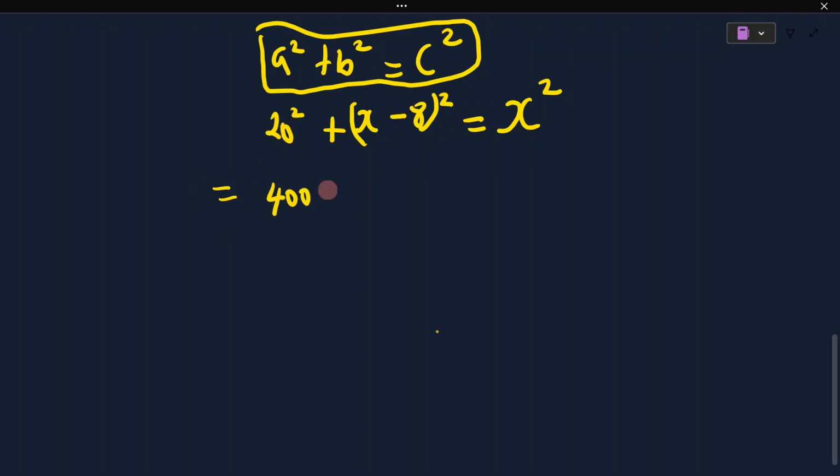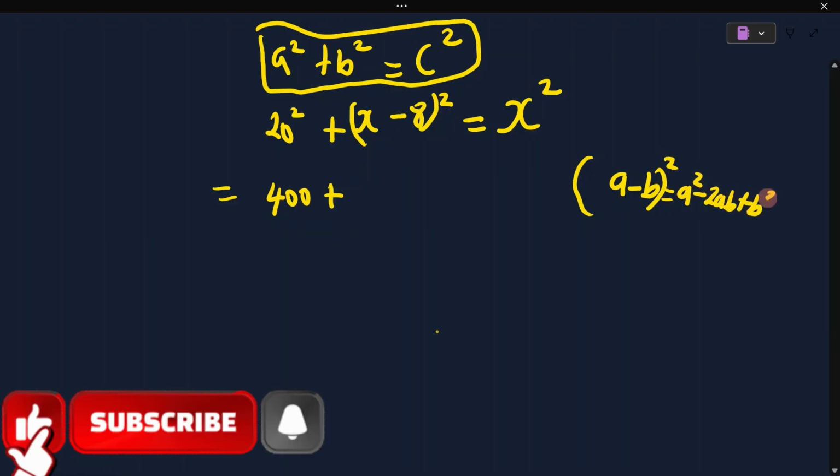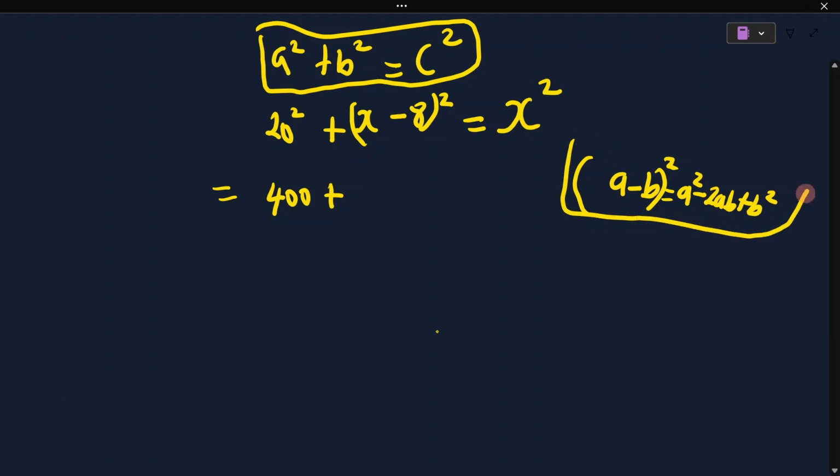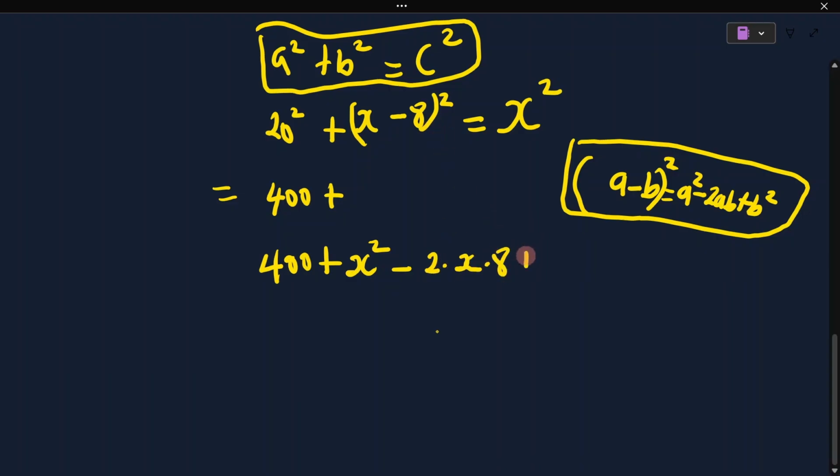20 squared here is 400, plus, for this, just remember our algebraic identity that says for every a subtract b all squared is equal to a squared subtract 2ab plus b squared. If we apply this algebraic identity in our question, we now have 400 plus, our a here is s, that's s squared, subtract 2 multiply s multiply our b here is 8, plus b squared, that's 8 squared, which is equal to s squared.